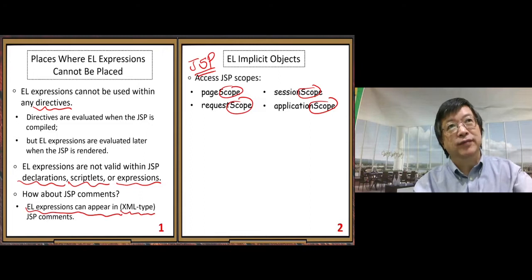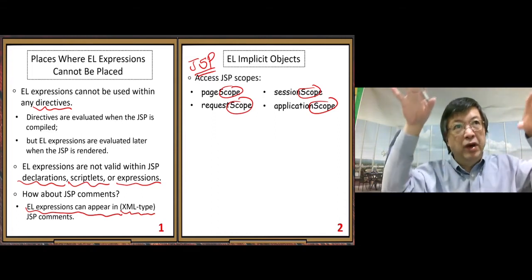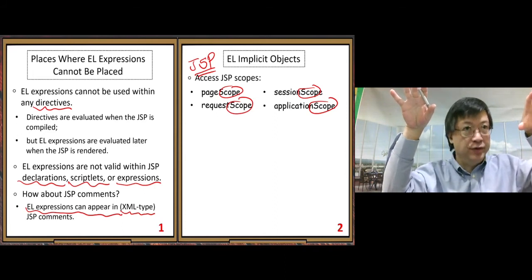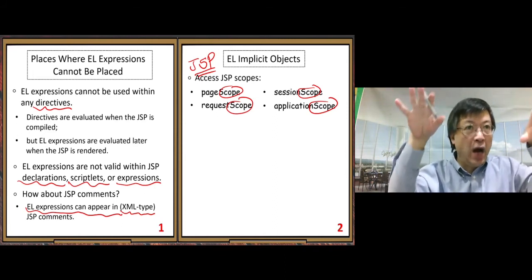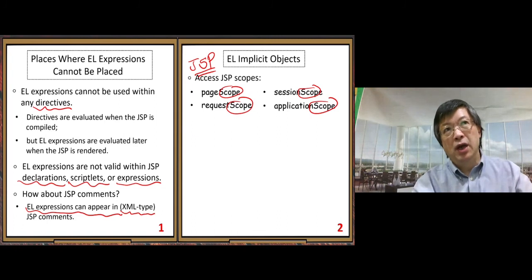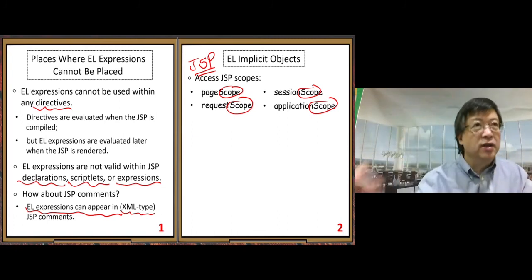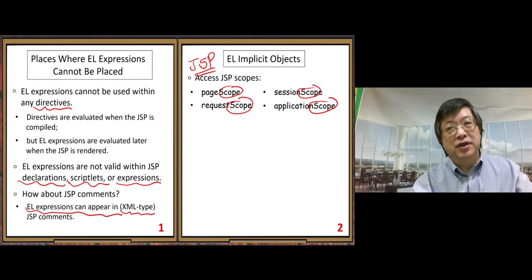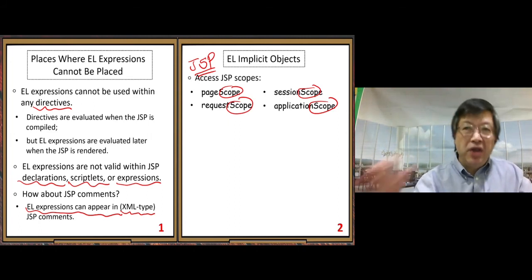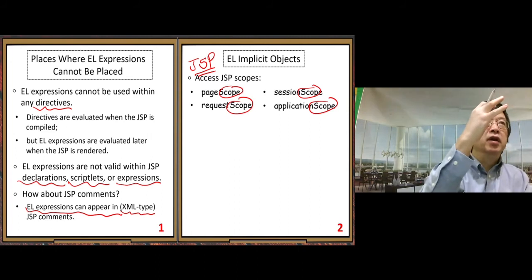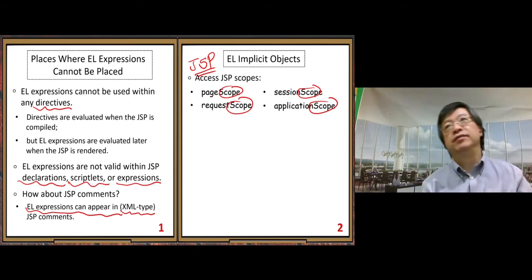But here, in order to separate these 2 different categories, so we don't want people to be confused about these 2 different types of implicit objects, the designers intentionally attach the scope name to separate them.